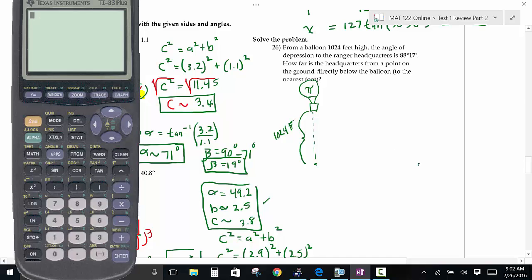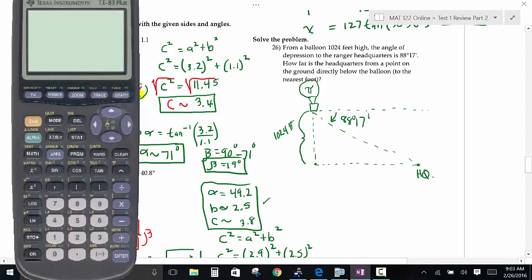Now we're looking down at something, so this would be like the ranger headquarters is down on the ground somewhere. And angle of depression means you're looking down at something. So if you were looking straight parallel to the ground, and then you're looking down at something, that formulates what we call the angle of depression. So this angle of depression is that angle of 88 degrees 17 minutes.